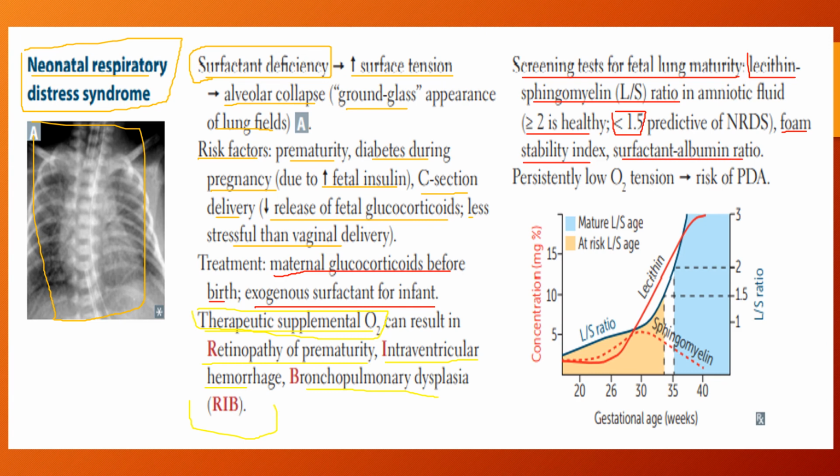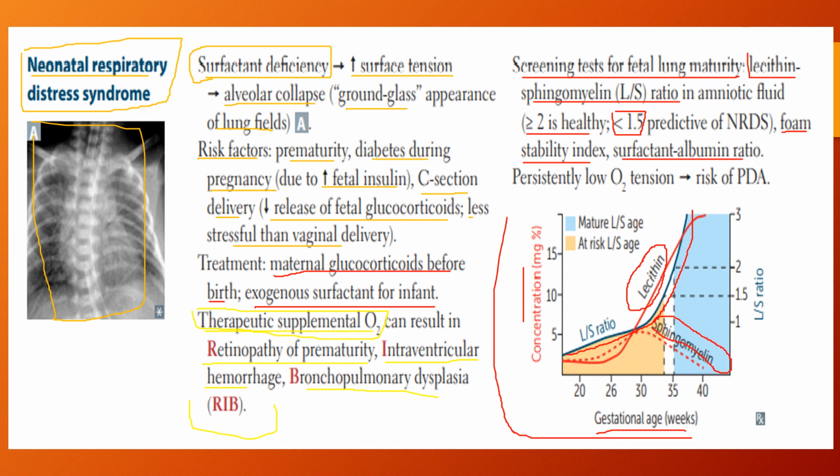As you can see in this graph, on this side is the concentration in milligrams percent, and here is the gestational age. We can see that in a normal or healthy person, as the gestational age increases, the L/S ratio increases, and the lecithin also increases, but the sphingomyelin decreases.